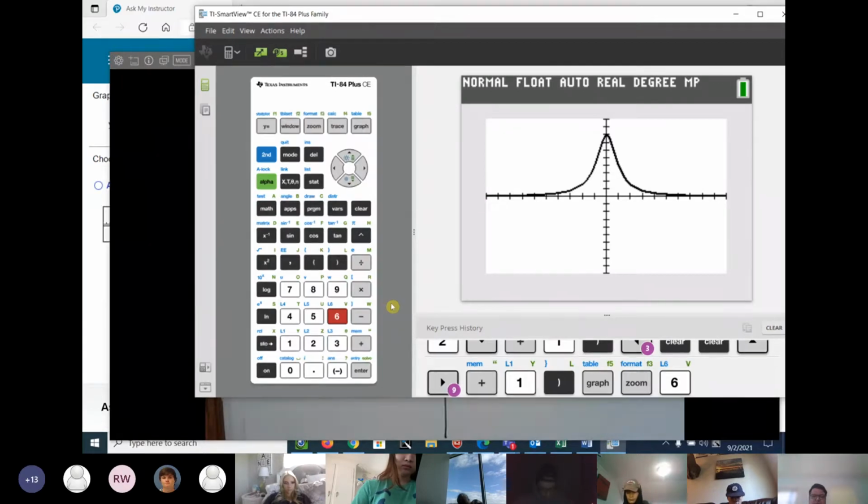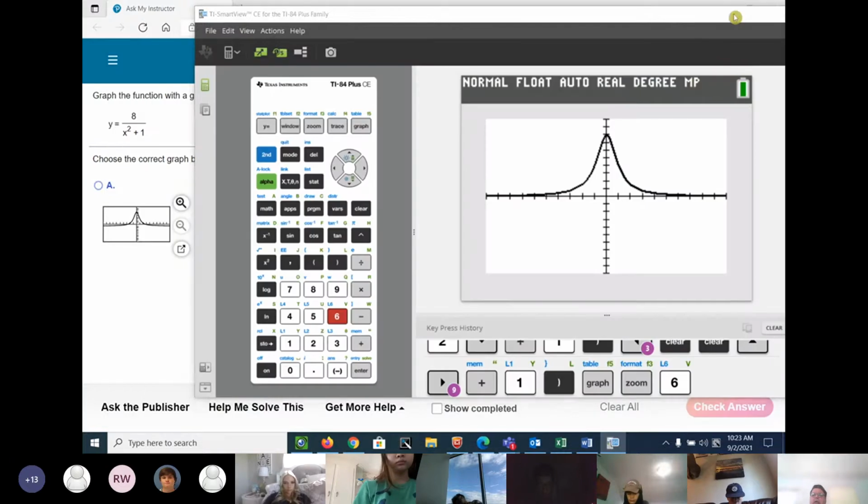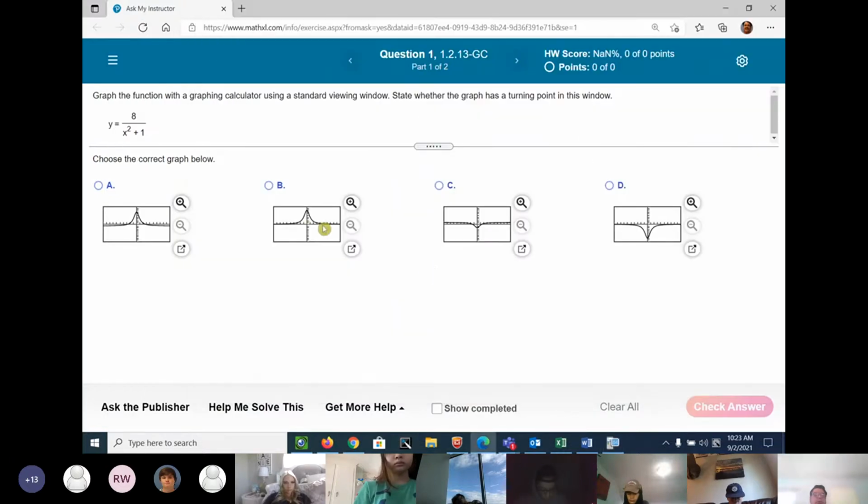But anyway, let's go ahead and look at the options that we have. And it looks like this one. Why? Because this one's going down. This one's going down. It's not Charlie and Delta. It's not Alpha because Alpha goes below the x-axis. So it's got to be Bravo.